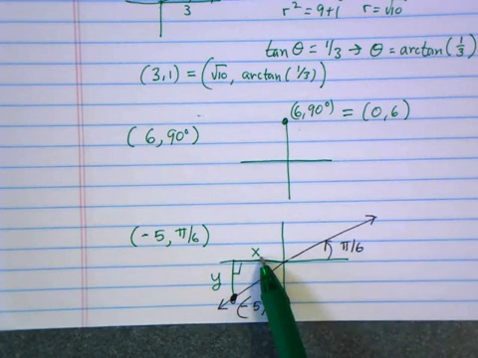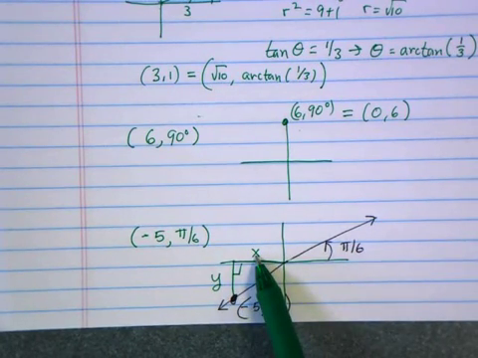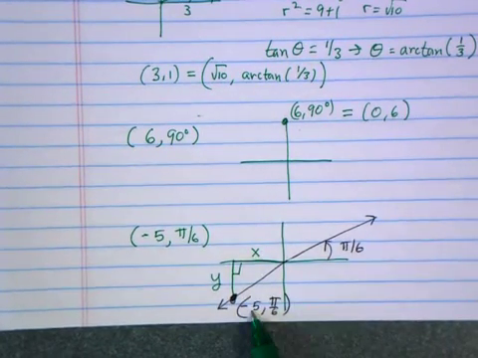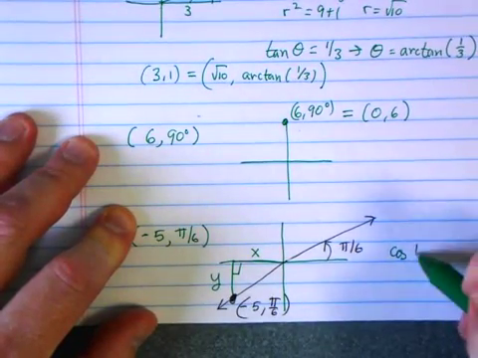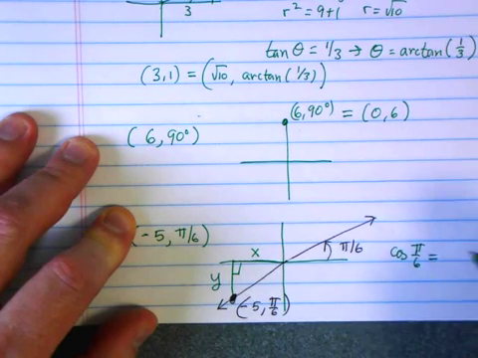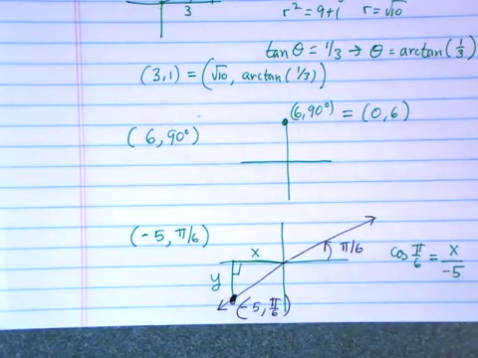So if I wanted X, I could use X as adjacent, and this is hypotenuse. So I could have cosine of pi over 6 is adjacent over hypotenuse. So again, if you draw the triangle, I don't think you really need to have the formulas memorized.